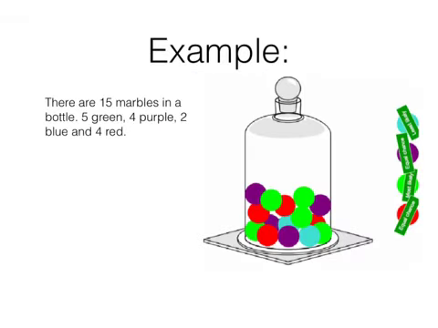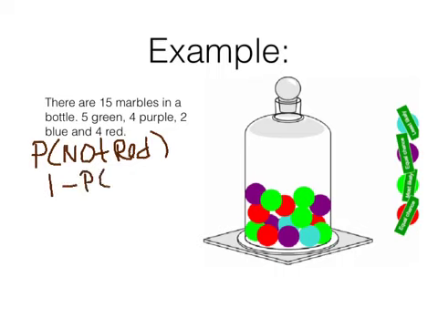So if we go back to our jar here, and we say, what is the probability of not getting a red marble? Well, it's 1 minus the probability of getting red.